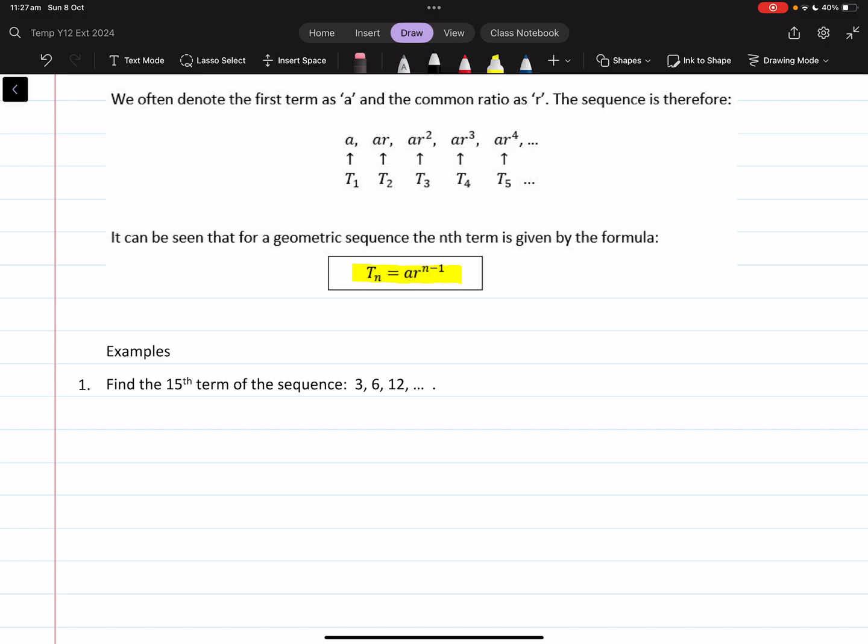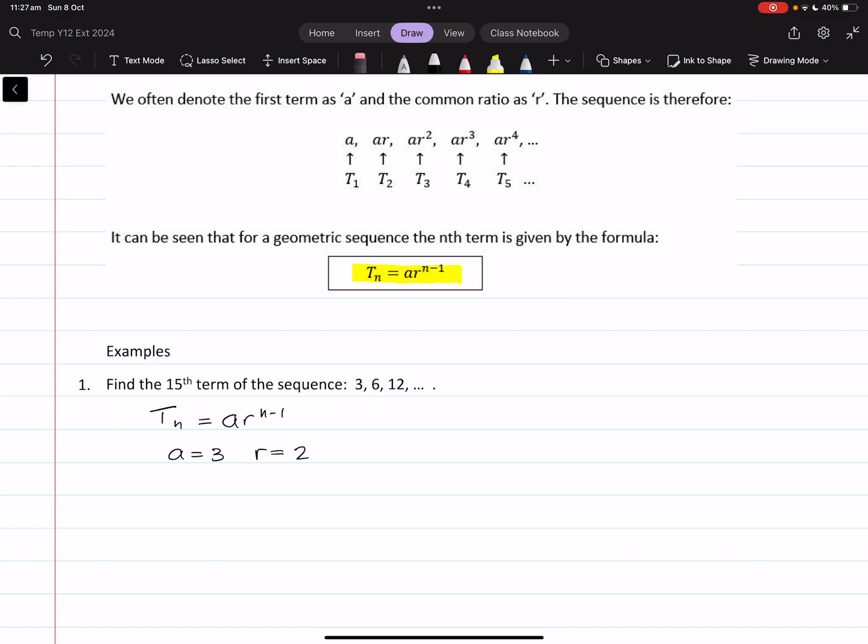So let's jump into our examples. The first one says, find the 15th term of the sequence 3, 6, 12, ... So our formula is Tn equals AR to the n minus 1. And so our first term is 3. Our common ratio is 6 divided by 3, which is 2.